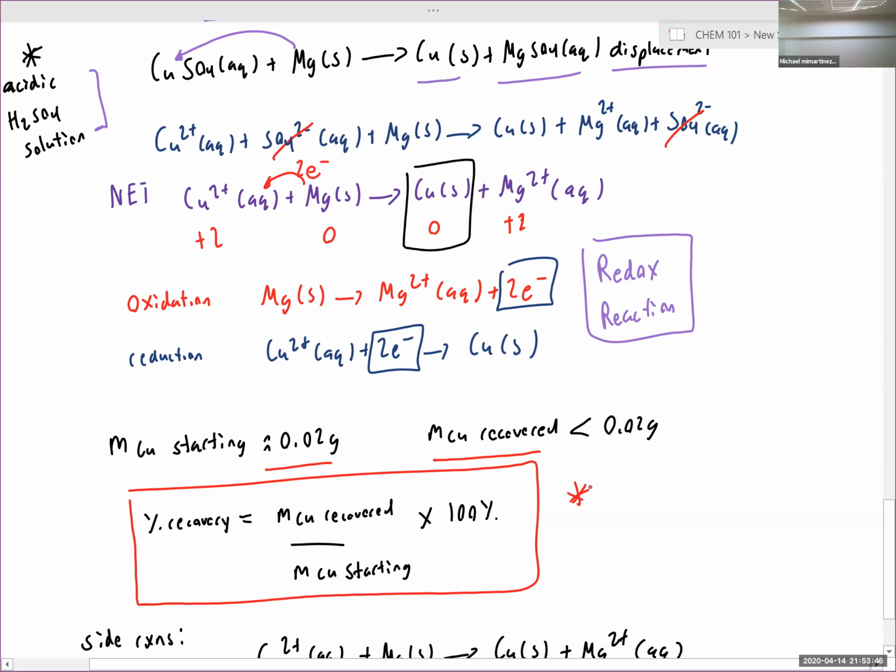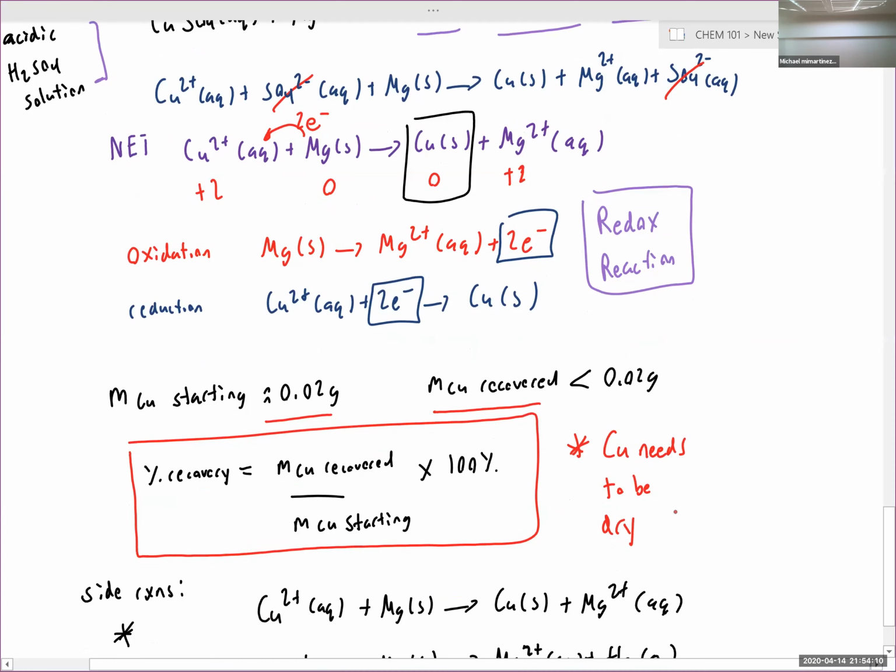And I want you to be aware, the copper needs to be dry. So you may want to think about that really closely when writing your report. If you see a mass recovery that is greater than 100%, it is likely that your sample is wet or it's not fully dry. Just something to consider.